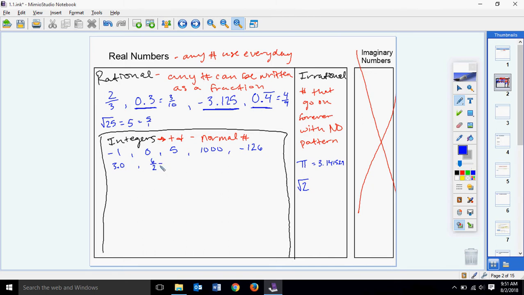So 6 halves is actually just 3. That's an integer. So be careful on some of the fractions. If you can reduce it to an integer, a normal looking number, then make sure you lump it in that integer category. Okay, so within the integers, we have this next set that we call whole numbers.